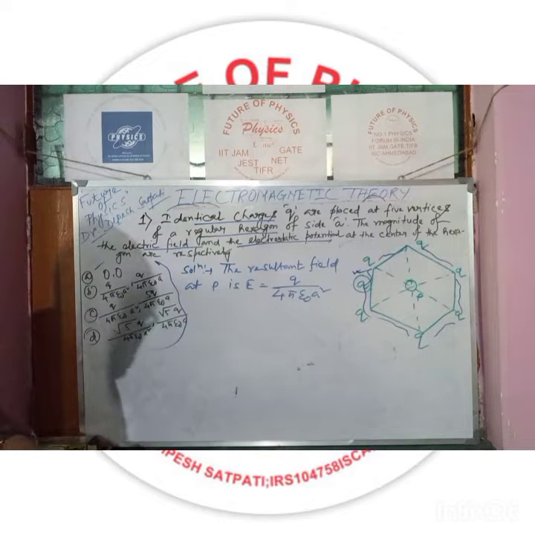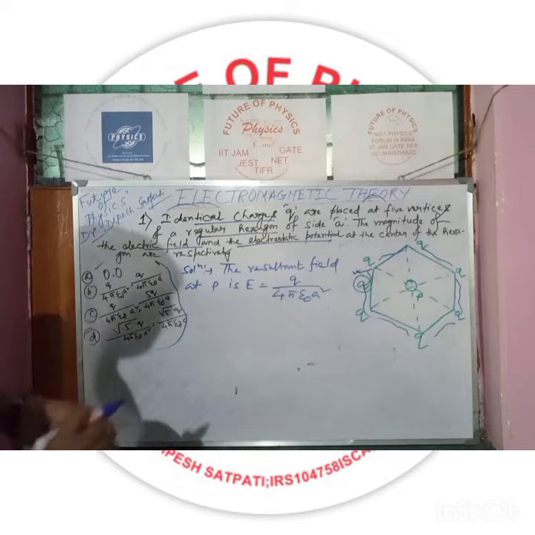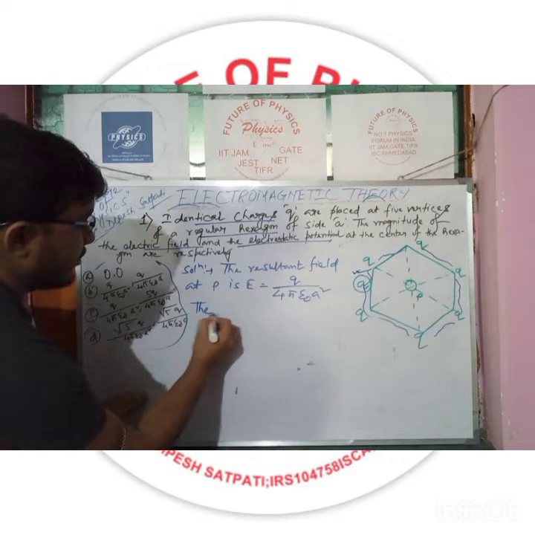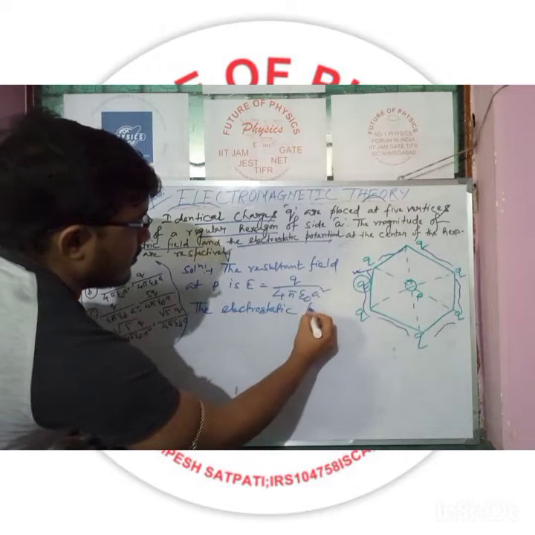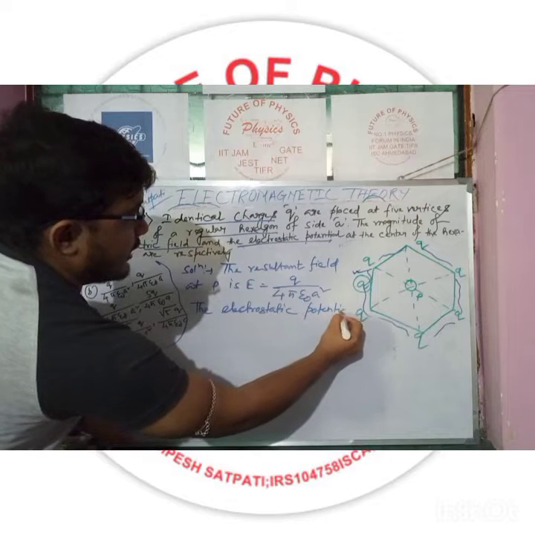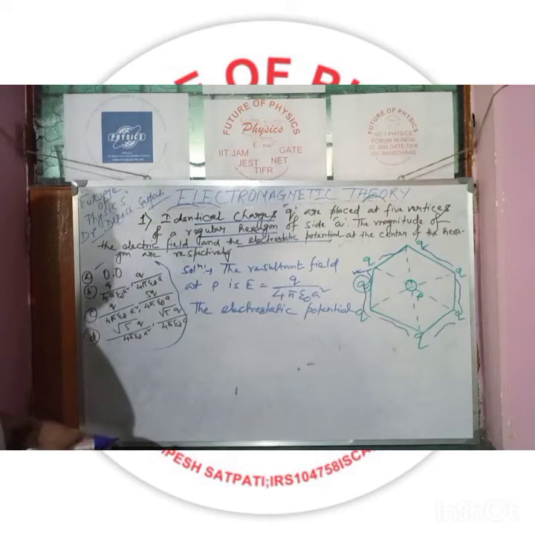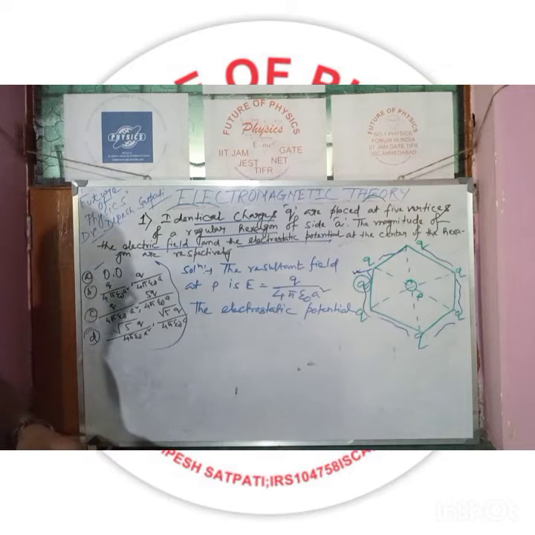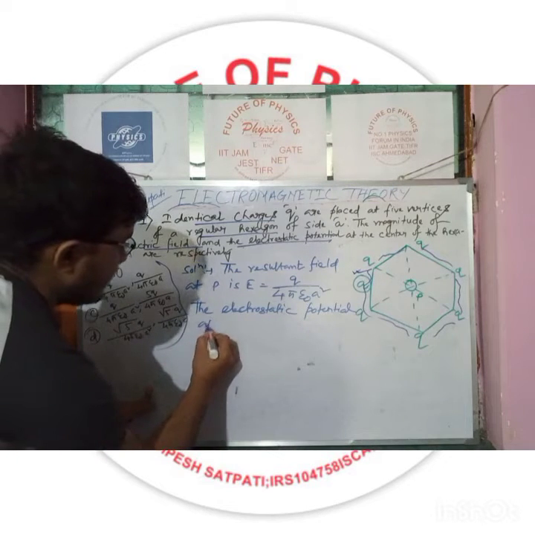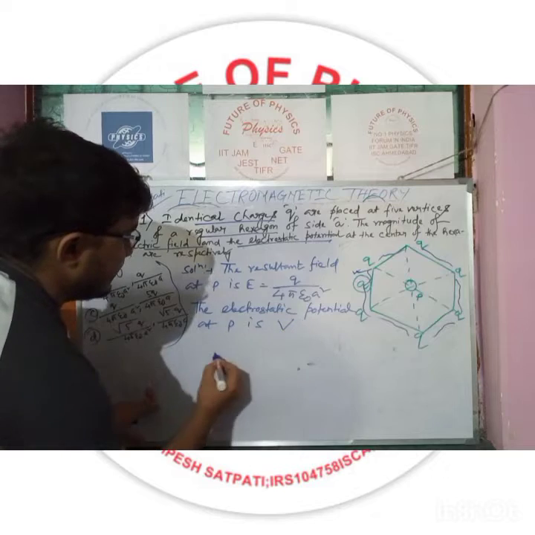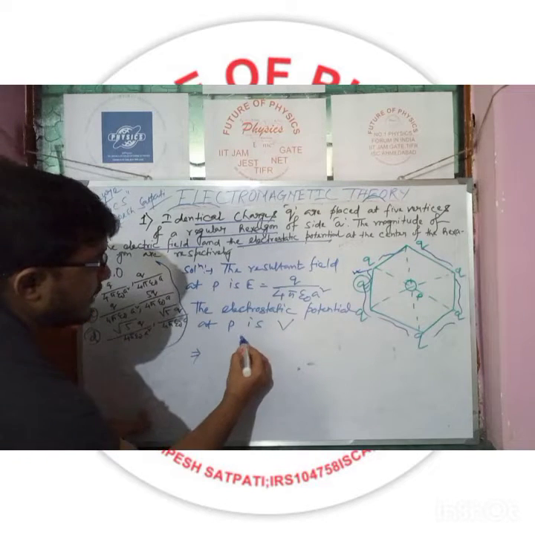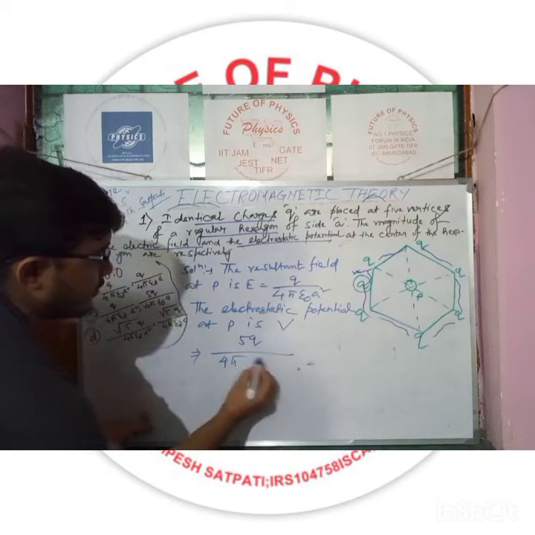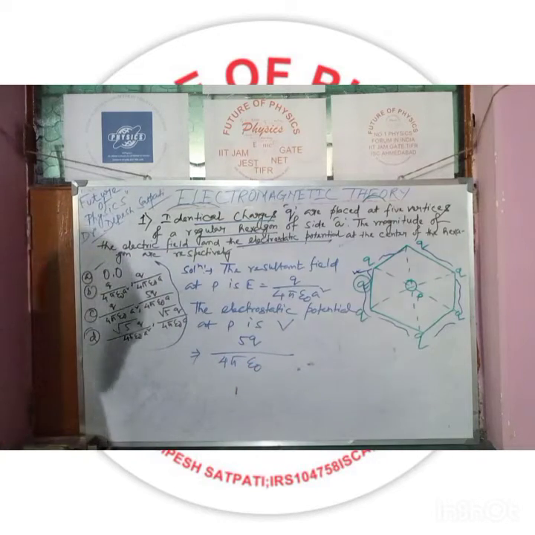The electrostatic potential at P is V, equal to 5Q by 4 pi epsilon 0 a.